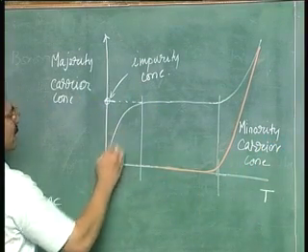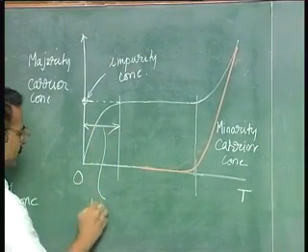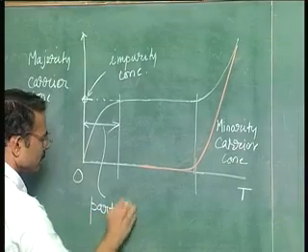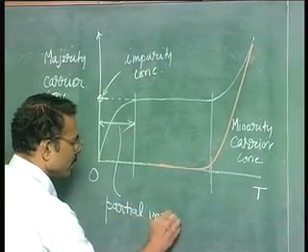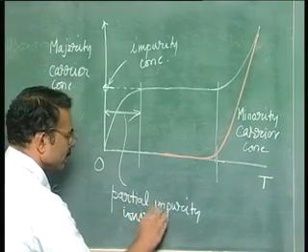This is the region of partial impurity ionization.